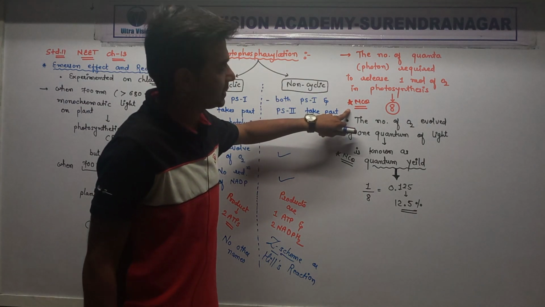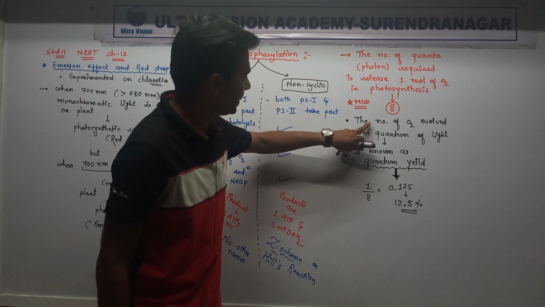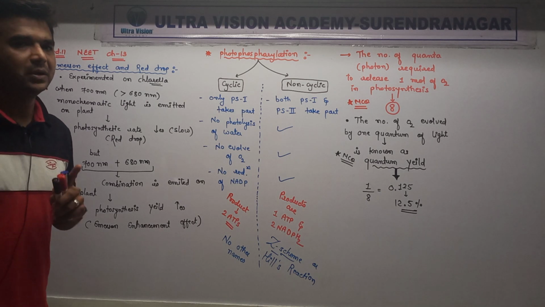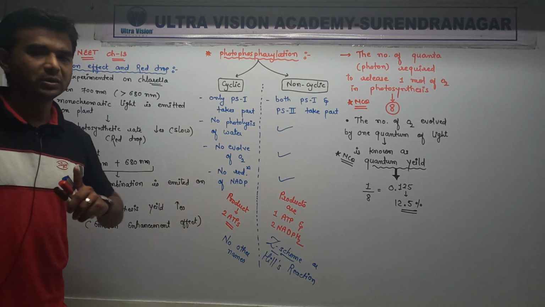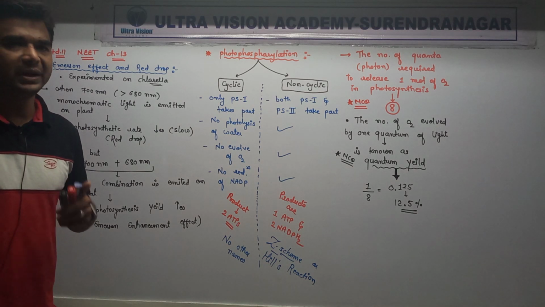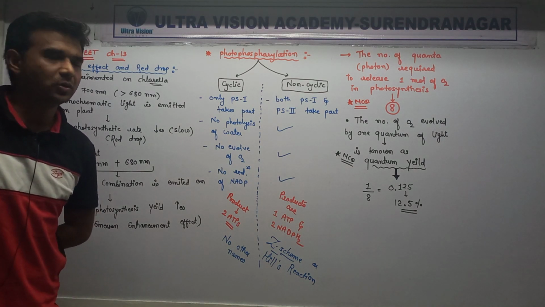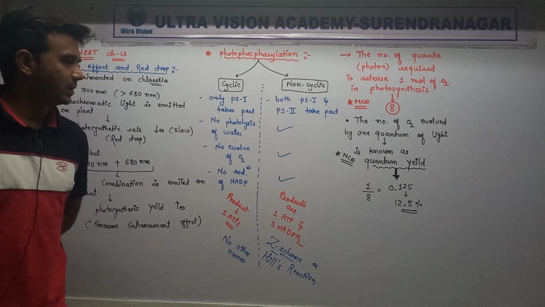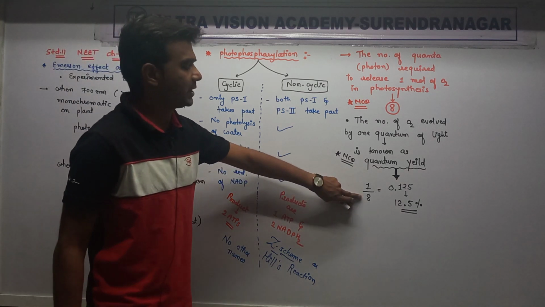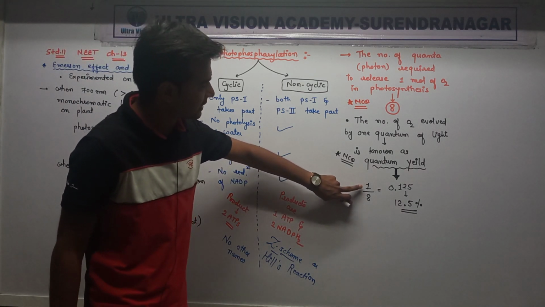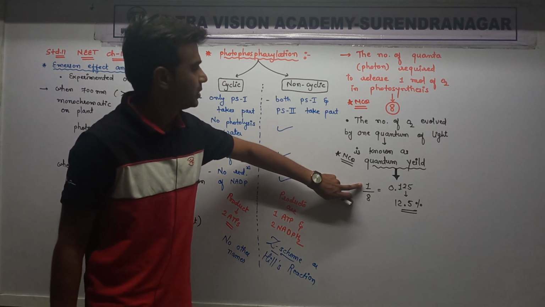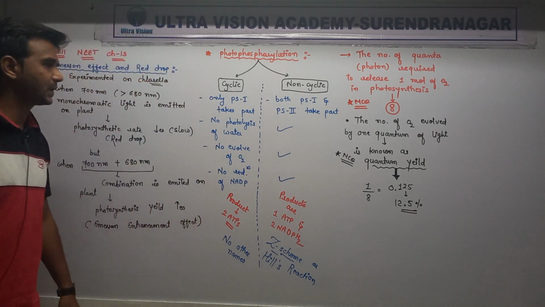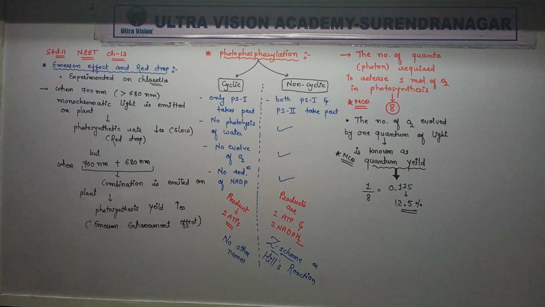But quantum yield is the efficiency of the plant: the number of oxygen molecules evolved by using one photon only. That's why I have put 1 upon 8. So 8 photons release 1 O2 molecule, and the quantum yield is 12.5% only. Okay, so this is about the quantum yield.